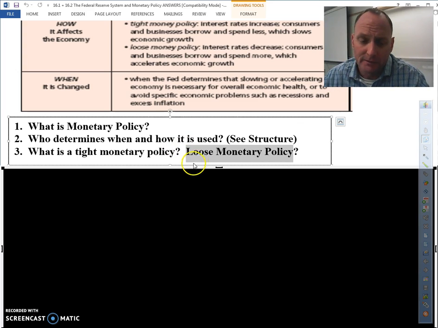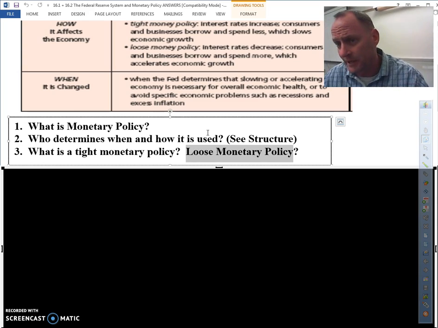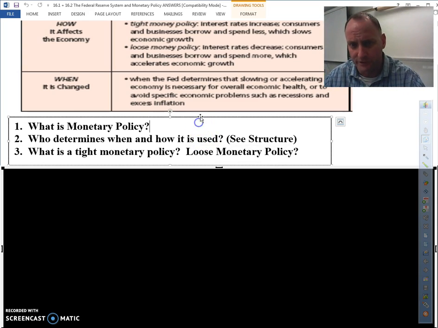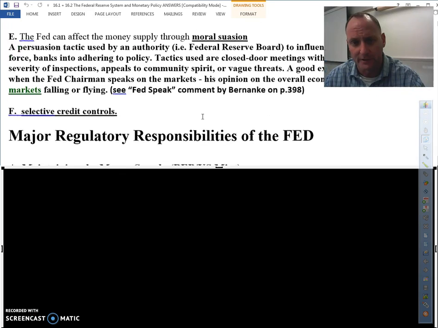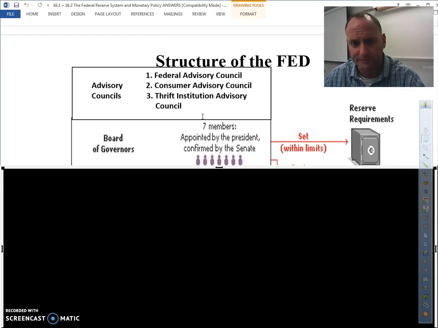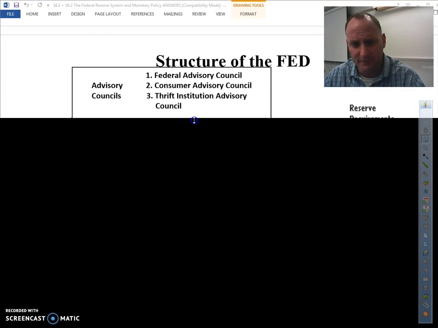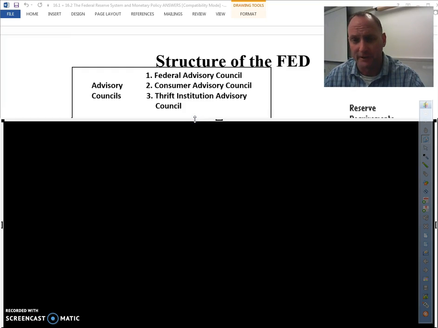Now, before we get too far into what the Fed does, I'd like to look at the structure of the Fed. It's our first learning target. So if you could go to the last page and fill in some information on these boxes for me, it'd be greatly appreciated. We're going to start with the structure of the Fed through its advisory councils. Now, this isn't the most important part of the Fed, but I thought I'd start with this since it's at the top.